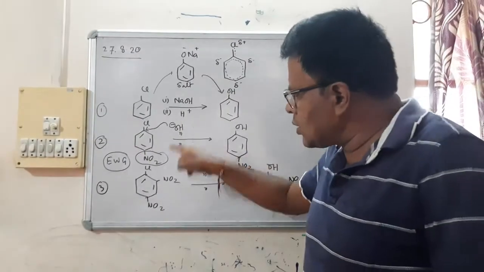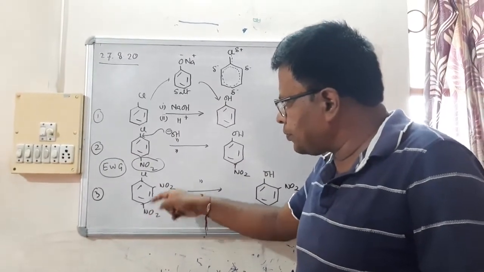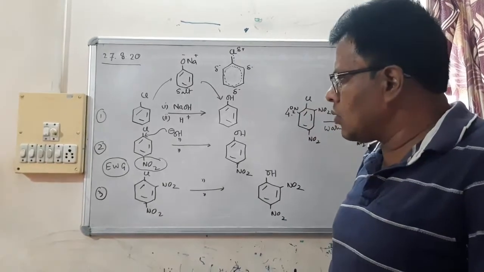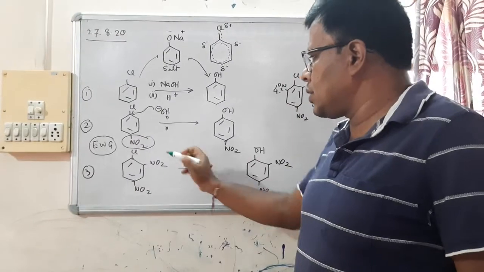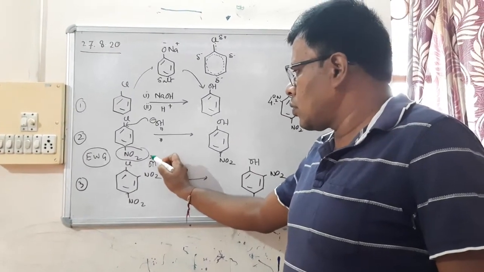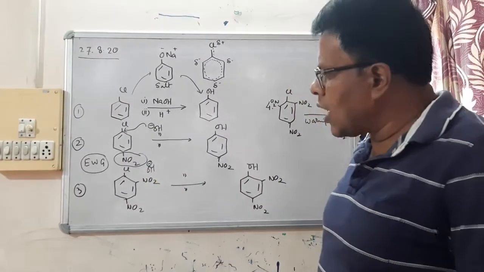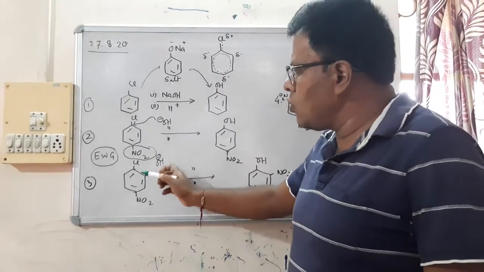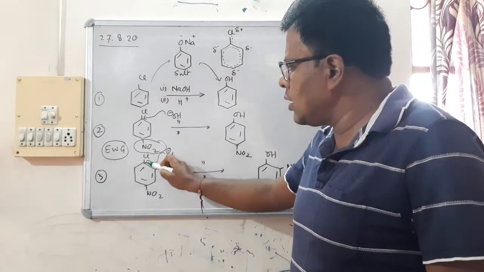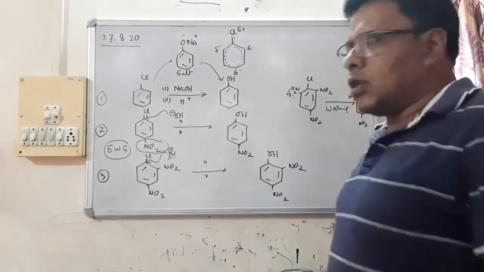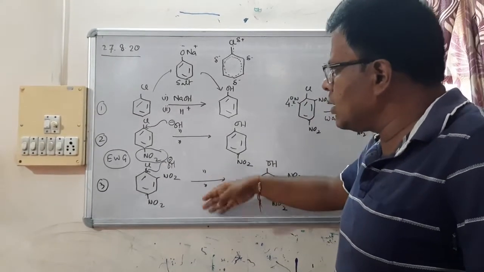Now when there is another NO2 group, you can easily make out that the electron density of the ring will further decrease. The decrease here will be more than this one, and the nucleophile will be more easily able to attack. So this reaction takes place more easily than this one.